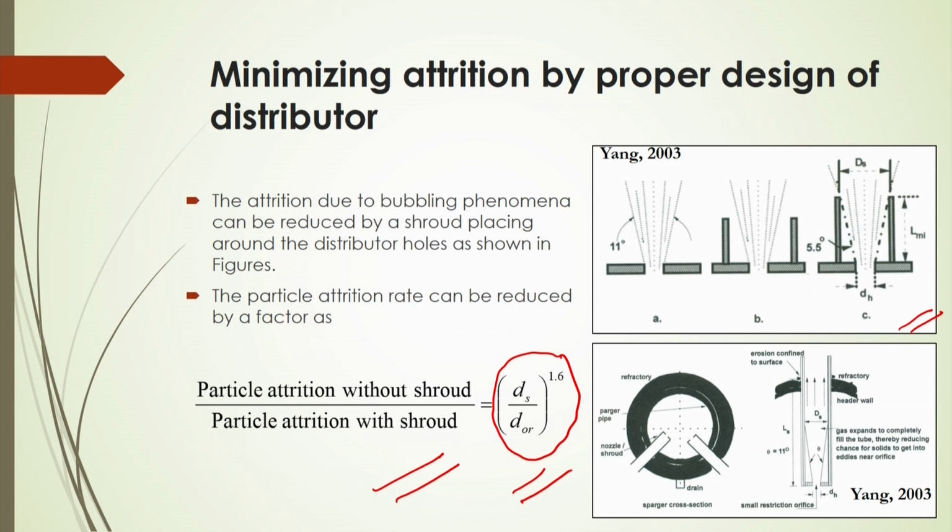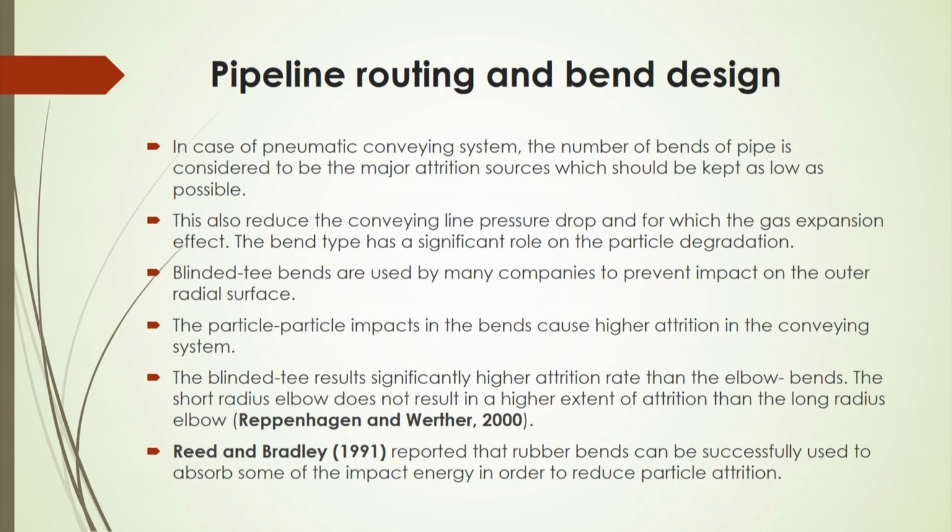So, we have discussed different operating conditions by which you can minimize the attrition rate, and pipeline routing and bend design are also important for changing the attrition rate. In a pneumatic conveying system, the number of pipe bends is considered to be the major attrition source, which should be kept as low as possible.